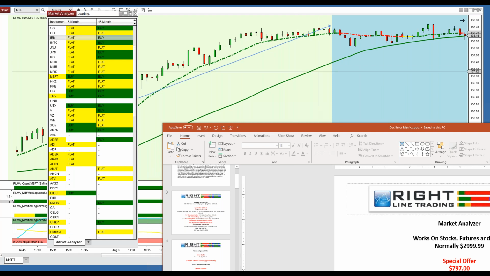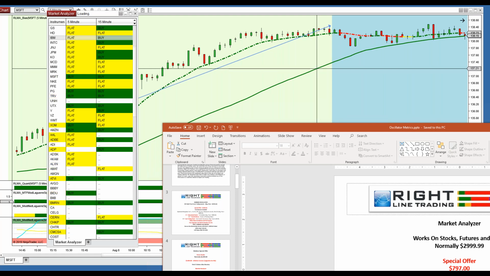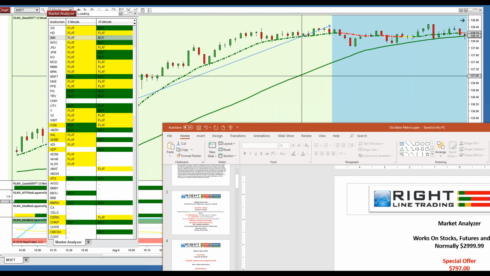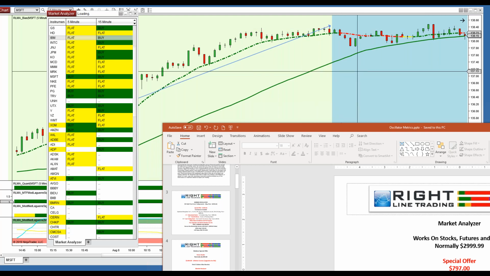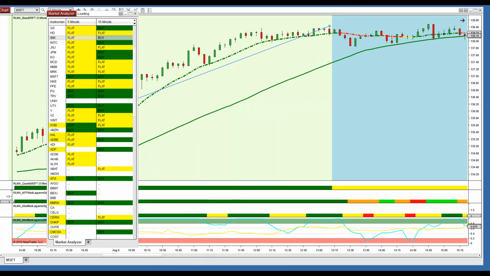That's part of the algorithm. So you don't really need the indicators. But what I did was I decided it would be additionally advantageous if you want to be able to actually see the indicators, because it may give you a better entry to see exactly what the analyzer is looking at.